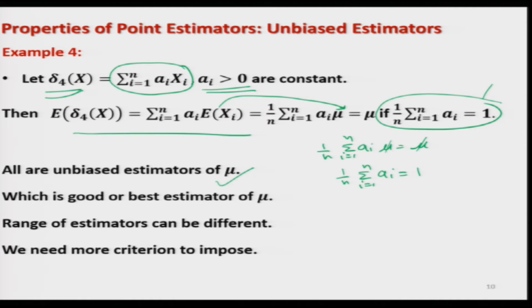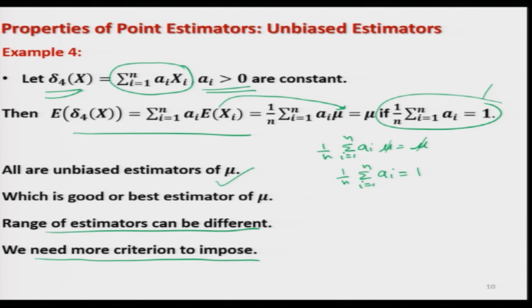Besides this, the range of the estimators delta 1x, delta 2x, delta 3x and delta 4x is also different, and in general that may be different for each. So, we need more criteria to be imposed on such an estimation procedure. Only one property, the property of unbiasedness, is not going to help us. We need some more qualities.